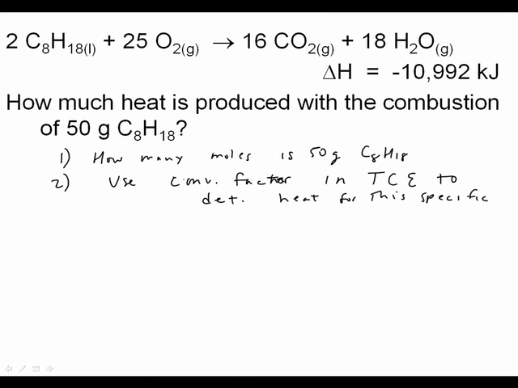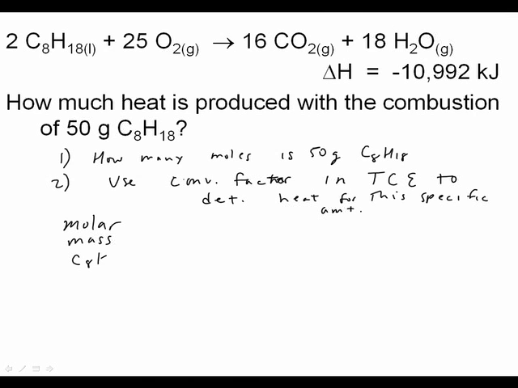And a variation of this is done actually by the people who supply the methane natural gas to the homes in Columbus. They will figure out how much methane they have to buy for one of our winters in order to give people as much heat as they want. So how do I figure out how many moles is 50 grams? I have to figure out the molar mass of my molecule.